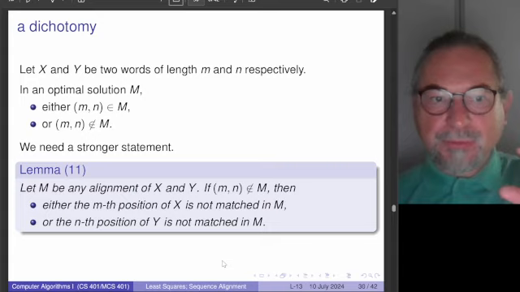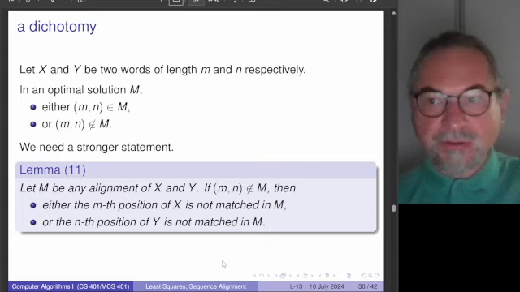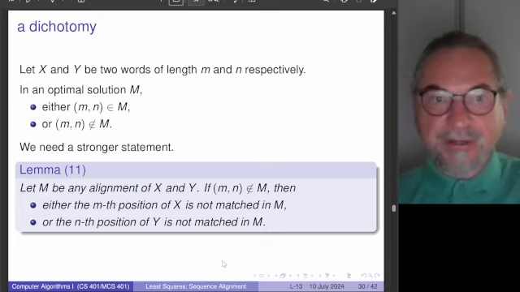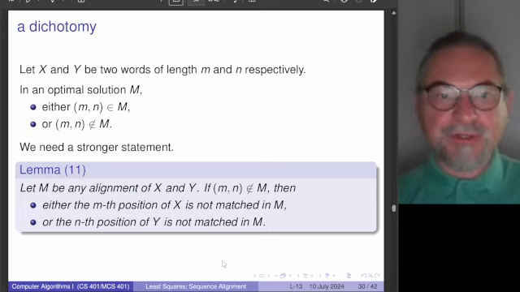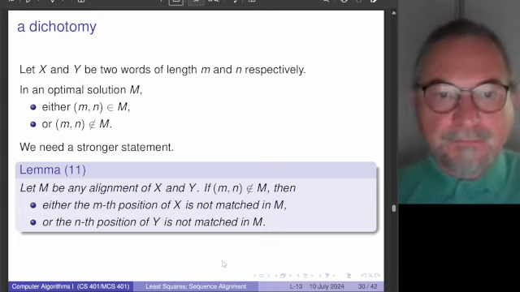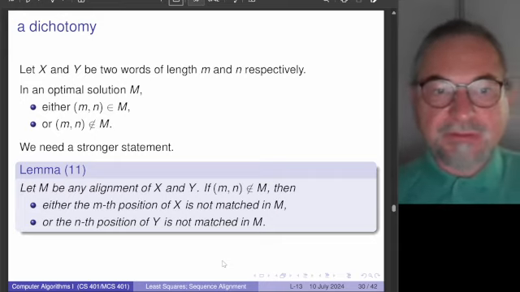Either in an optimal solution these two characters are contained, so they are in a matching, or they are not. So we try to break things up. We have two situations. What if they are not contained? Then what does this mean?